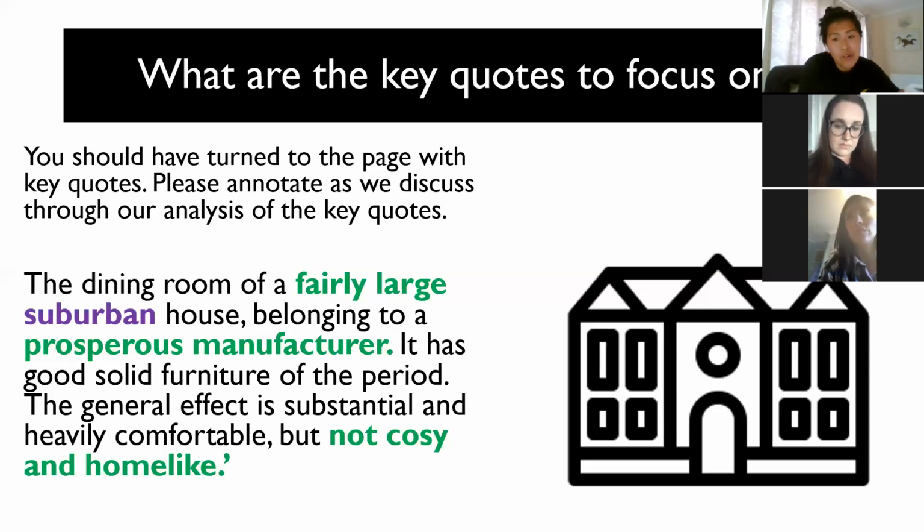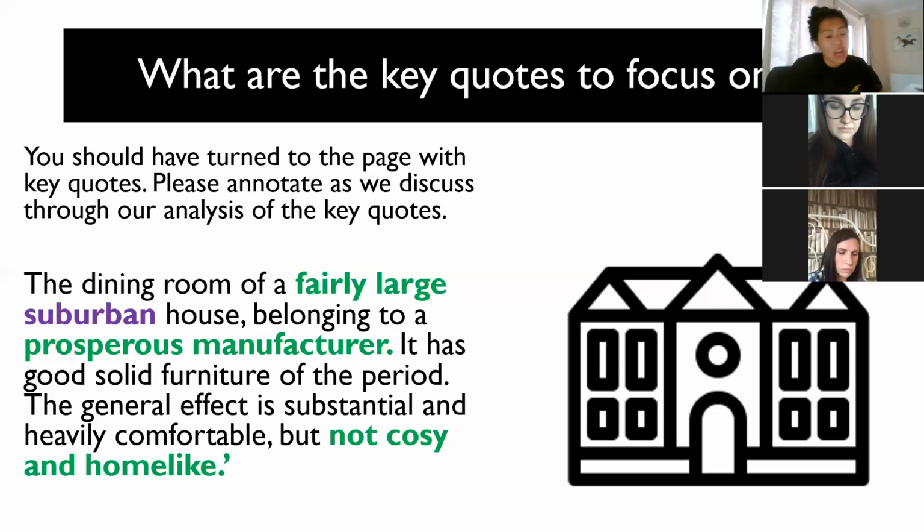He's an owner of a factory, and therefore he's come through it through new money. This shows that he's keen to be upwardly mobile, and the fact that they've talked about the prosperous manufacturer is important, because it shows you that the way Mr. Birling's made his money is through capitalism.